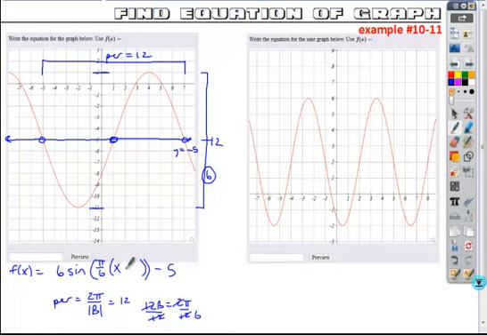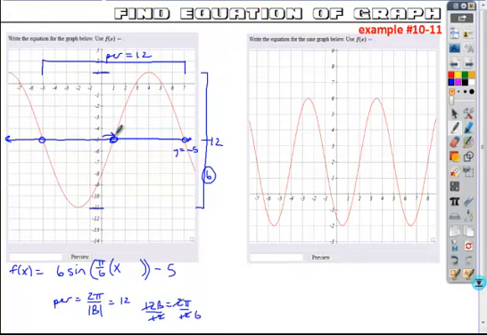And now I can use my phase shift here. And I have a couple different options for entering this. But I'm going to go ahead and rely on this shifting right here. So with respect to my sine graph here, where did my graph shift?